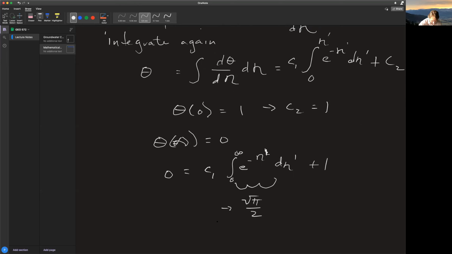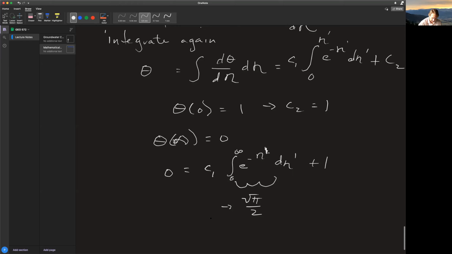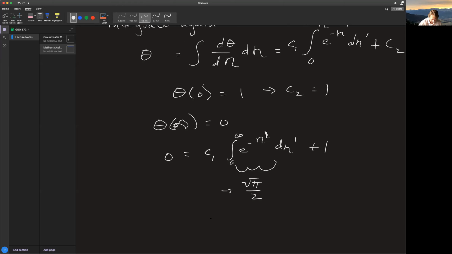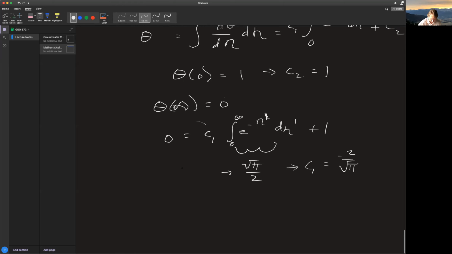So this implies that C1, if this whole thing is going to be equal to 0, has to be equal to negative 2 over square root of pi. That will make this whole term negative 1 plus 1, and we'll get 0.